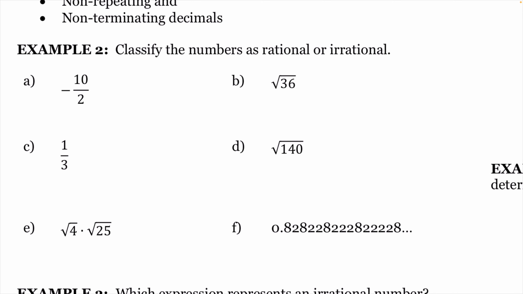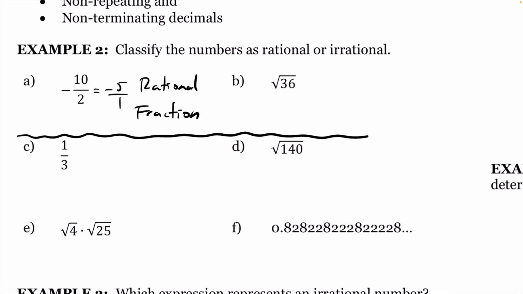If you divide it, you'd get -5, right? And -5 can be written as a fraction, right? Anything that's a fraction, rational. This one's rational because it's a fraction.